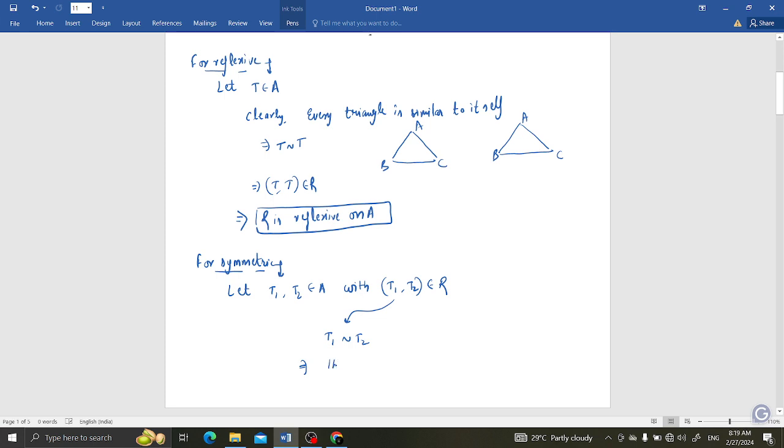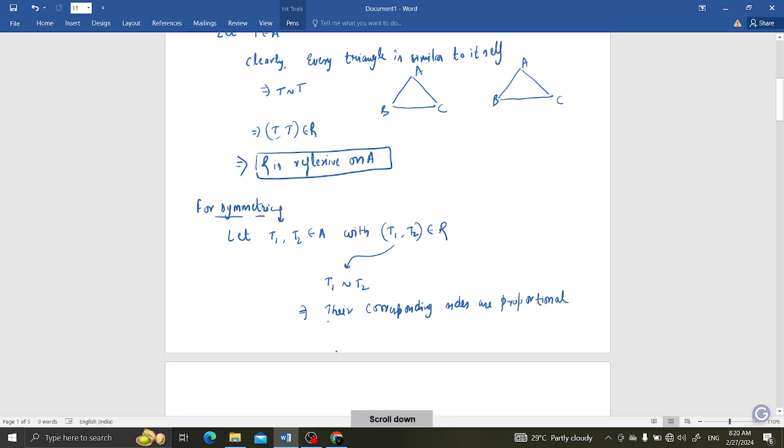their corresponding sides are in same proportion, are proportional. We can say their corresponding sides are proportional.